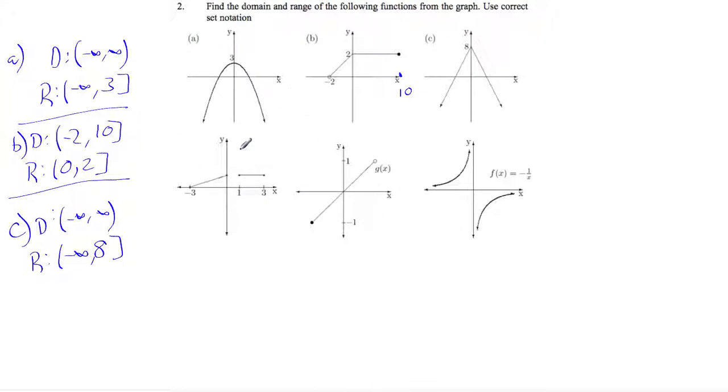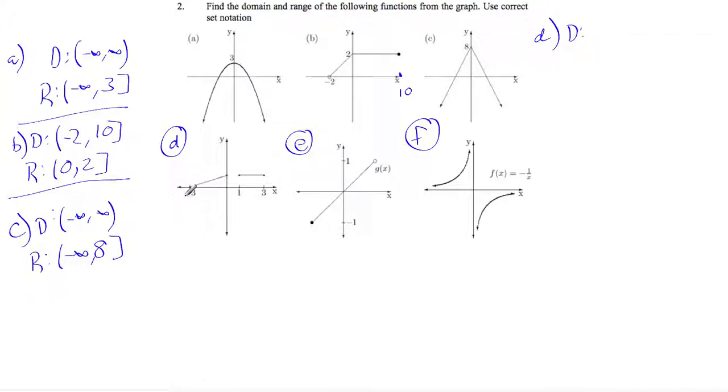For number 2 here. Right, so for D, what we want to do here is find the domain.